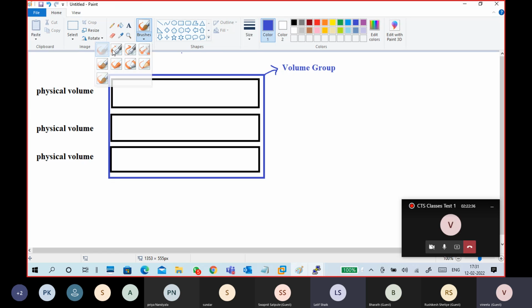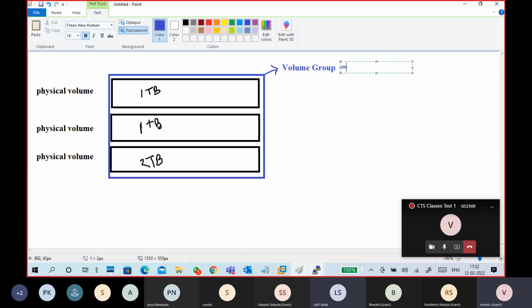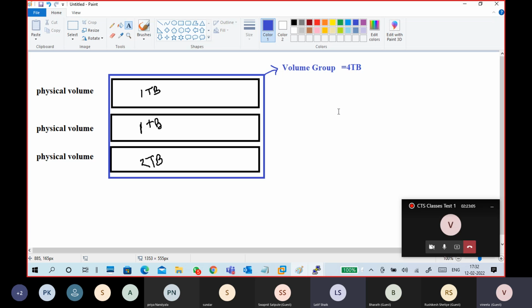For example, if one physical volume is 1 terabyte and another is 2 terabytes, you can take less or more. The volume group size is 4 terabytes. So the combination of physical volumes is a volume group.